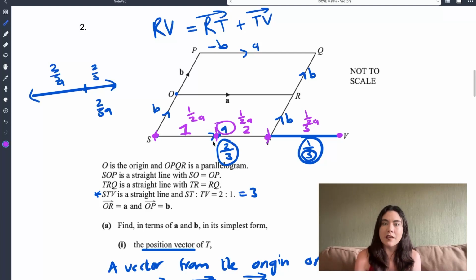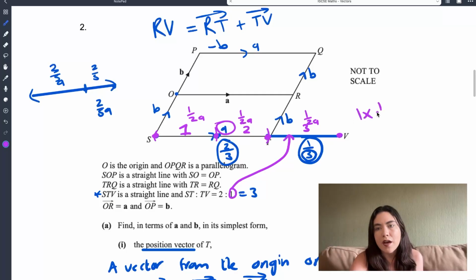I hope I'm making sense, but basically you split your line into parts, figure out what one part is, and then multiply that by the ratio. Because each part is a half a, and T to V is one part, we say 1 times a half a, which is just a half a.